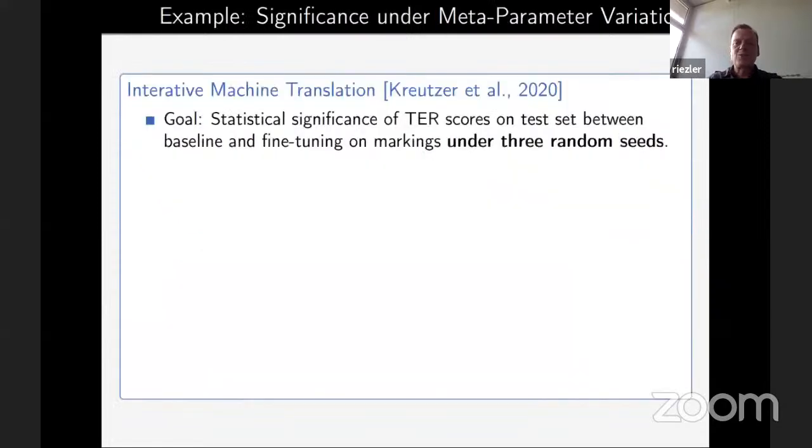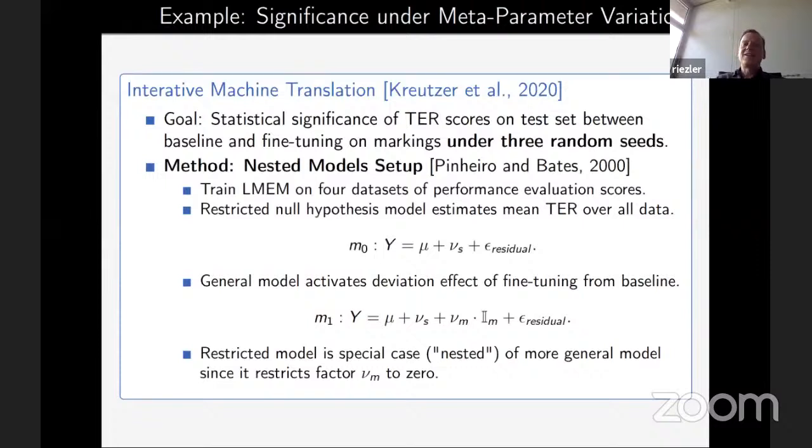We did that for interactive machine translation, and it is a very simple setup. It's called the nested model setup, where you have to make sure that you have one effect that basically distinguishes the baseline model from the model that you're looking at. Here it's a model that is doing fine tuning from a baseline.